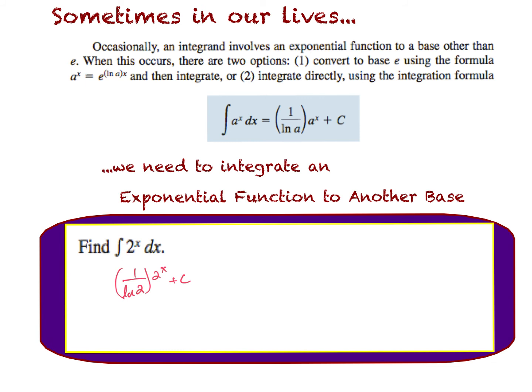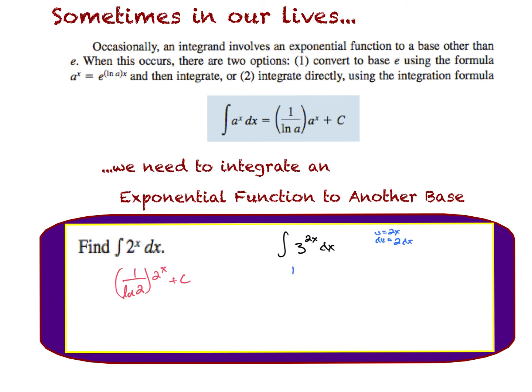All right, I want to freestyle one. So I'm going to say it's the integral of 3 to the power of 2x dx. Well, what would be my u? 2x. So what would be my du? 2 dx, right? So what needs to be brought out front?